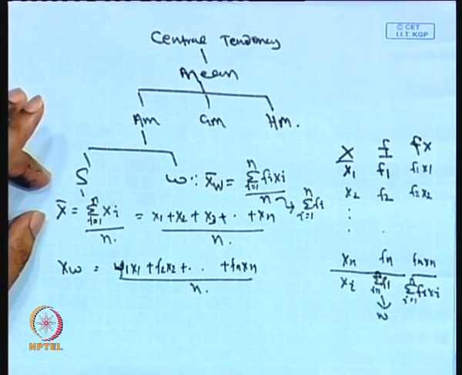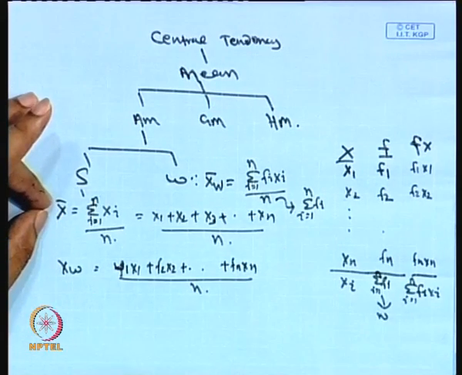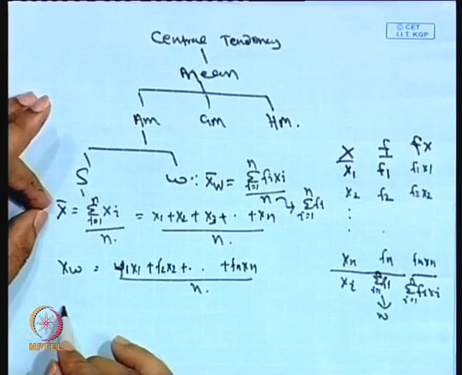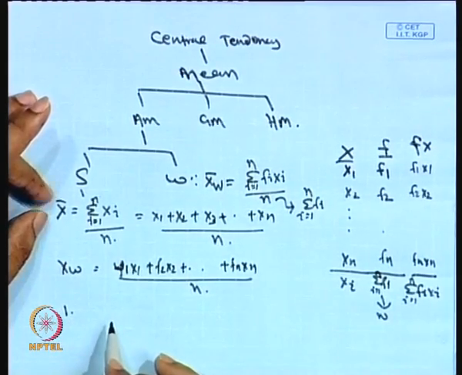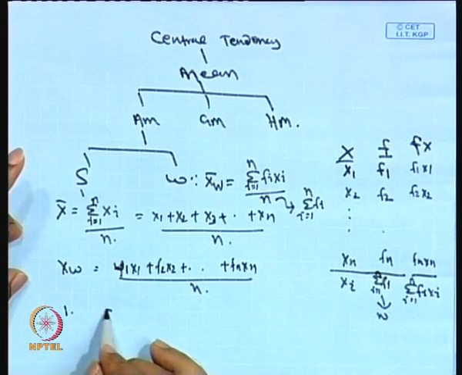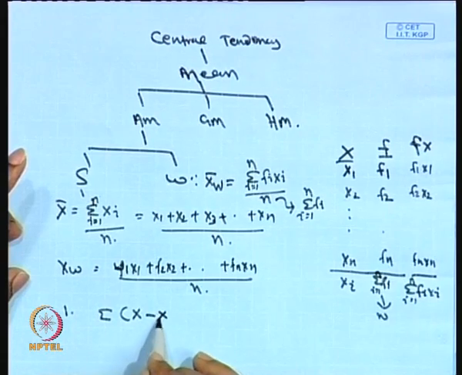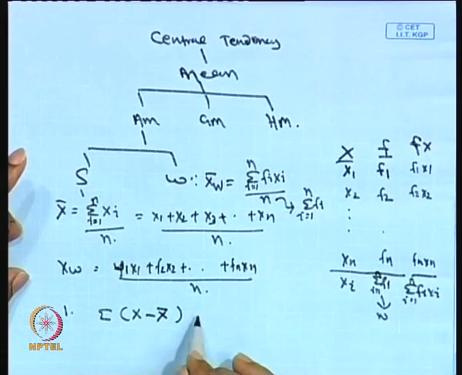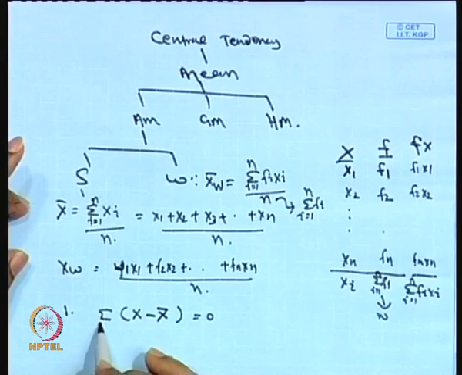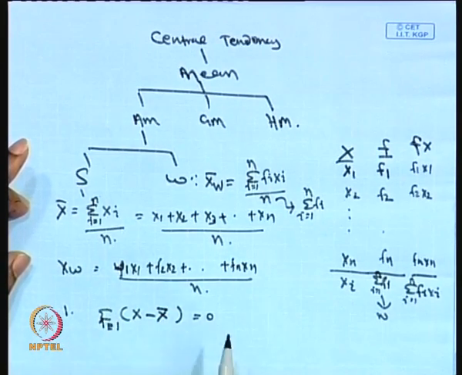So, now let me highlight two things here. One important issue is the property of arithmetic mean. One of the interesting properties is that the sum of the deviations of items from the arithmetic mean is equal to 0. That means sum of x minus x bar is equal to 0.